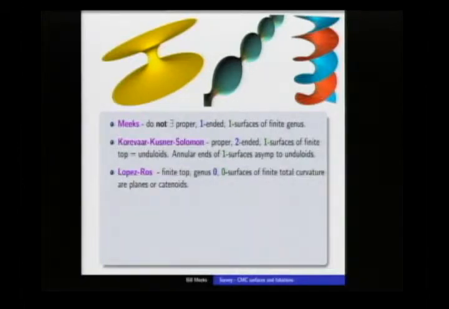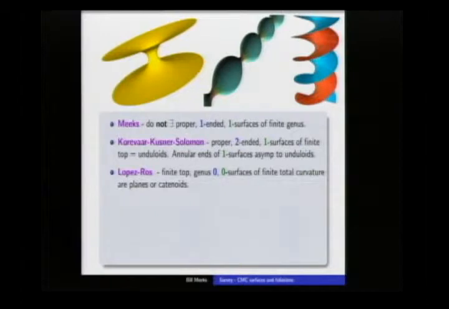Then we have Lopez-Ros, which says finite topology, genus 0, minimal surfaces of finite total curvature are planes and catenoids. You can't take a sphere with 3 points removed and have finite total curvature. This actually goes back to an earlier result that I did with Lucas and Jorge in Fortaleza.